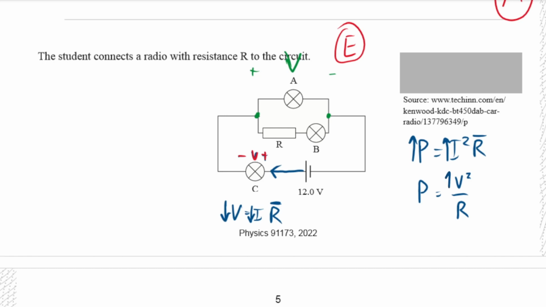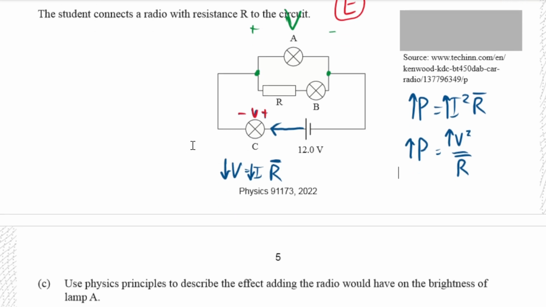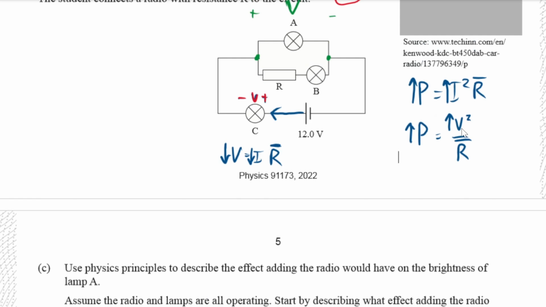So if the voltage increases, as it does across bulb A, for a fixed resistance, power also increases. So that's another way that you could argue that the power through bulb A has increased, so its brightness has therefore increased as well. So let's just put that into words. I'll go with the second argument. That is what is in the mark scheme, but the first one is just as valid.